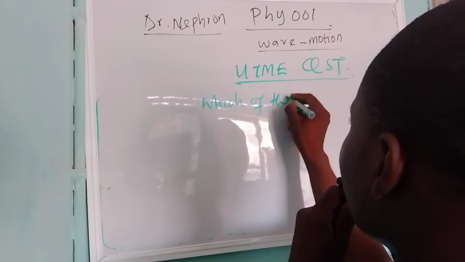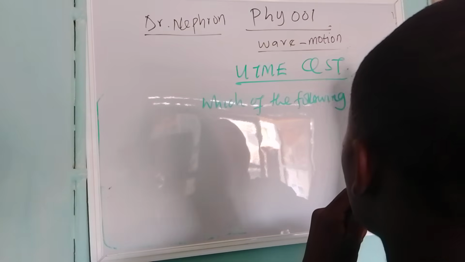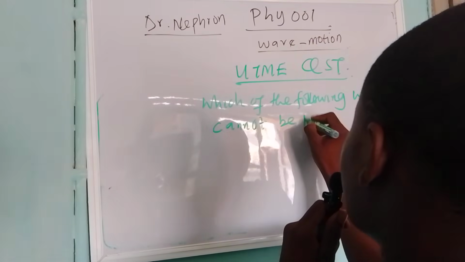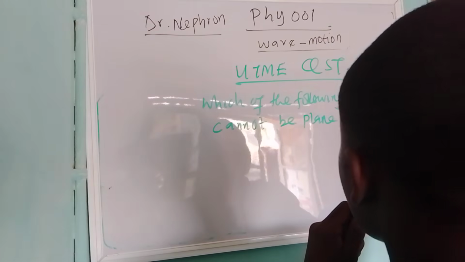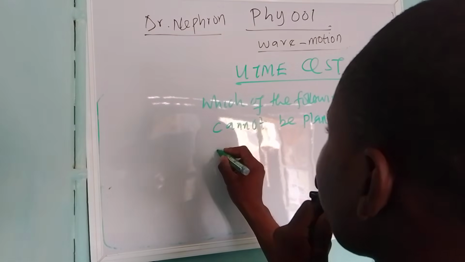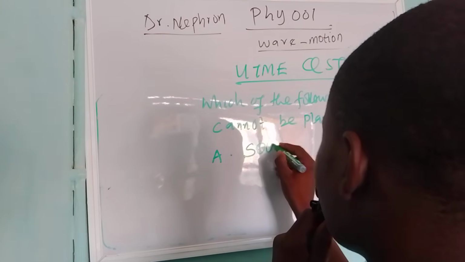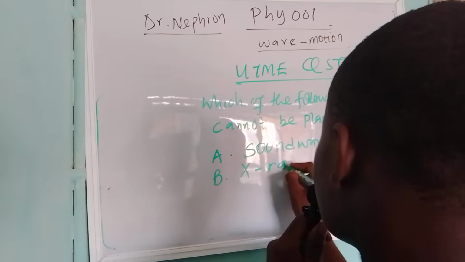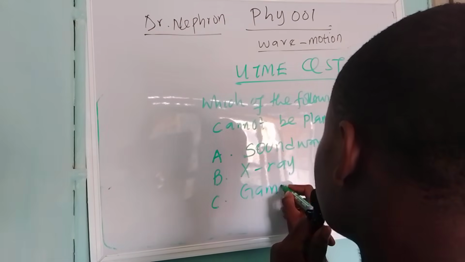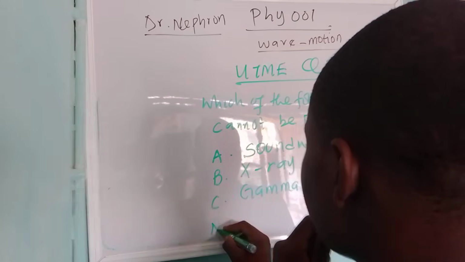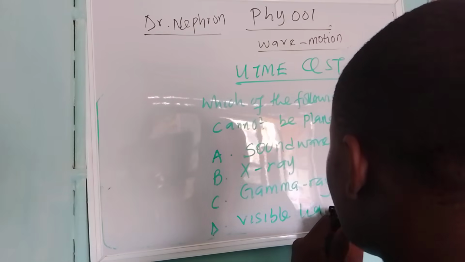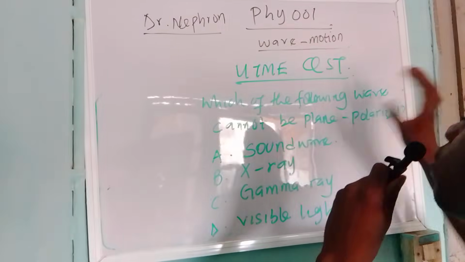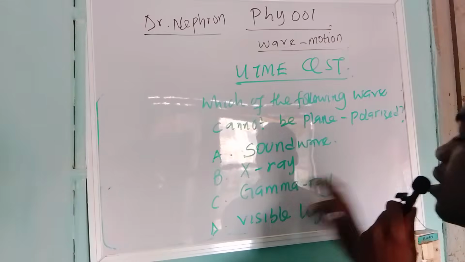Which of the following waves cannot be plane polarized? A, sound wave. B, X-ray. C, gamma ray. D, visible light. Which of the following cannot be plane polarized? It's a you-tell-me question. What is the correct answer?